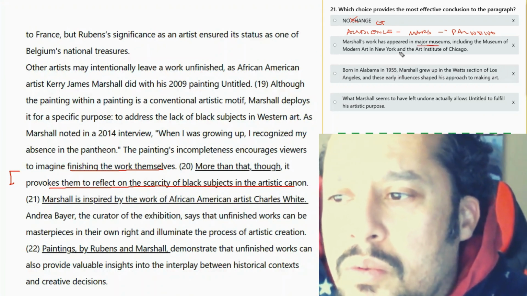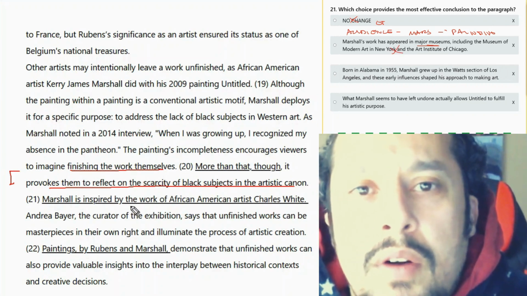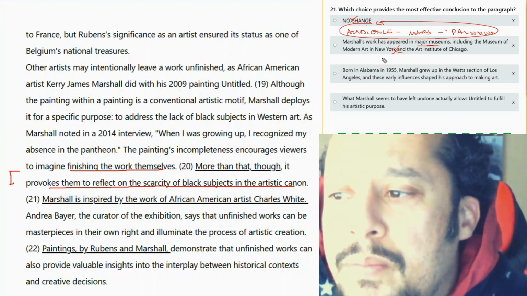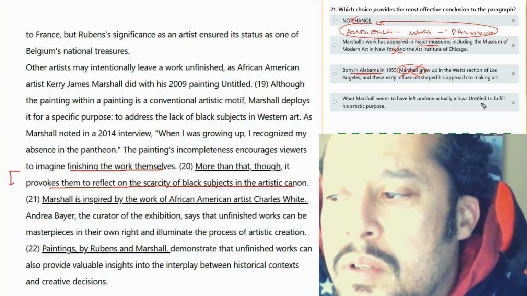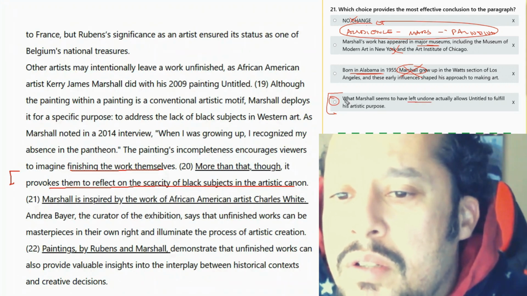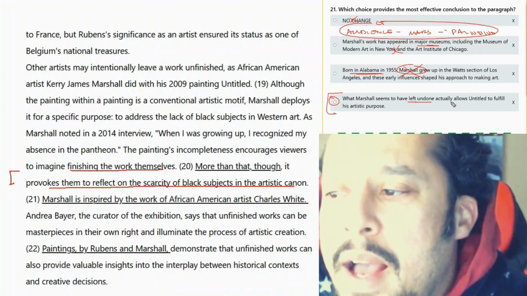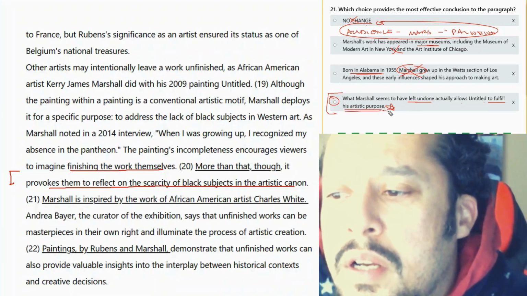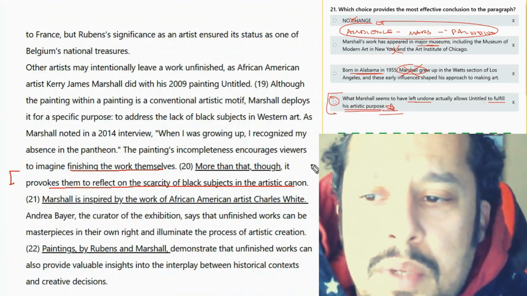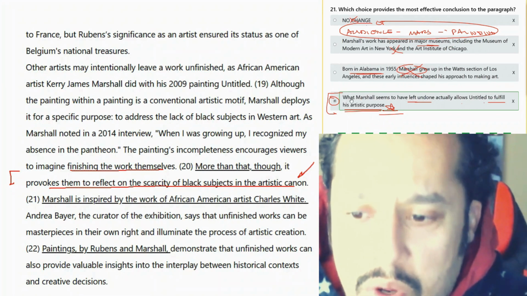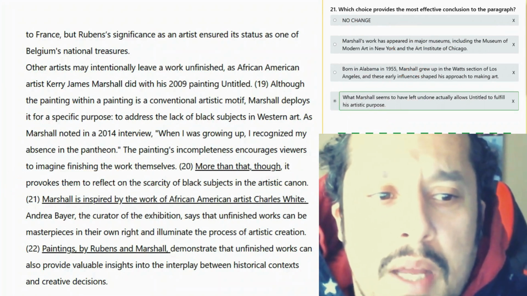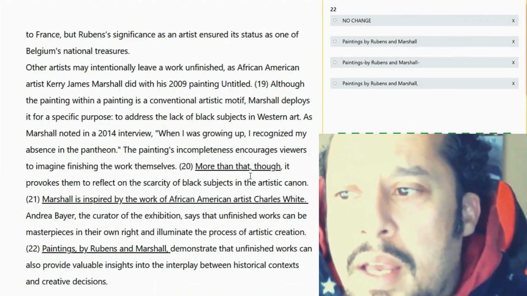Well, what do I care? How does this conclude the paragraph? We want to talk about the audience. "Born in Alabama." I have no business with where he was born. Okay, answer D. Well, "Marshall seems to have left undone" because it's talking about the previous information, the incomplete painting actually allows Untitled to fulfill his artistic purpose. And what's the artistic purpose? So that people sit and think about the effect of black people in painting and art.